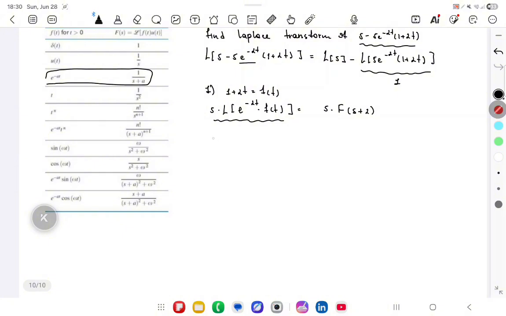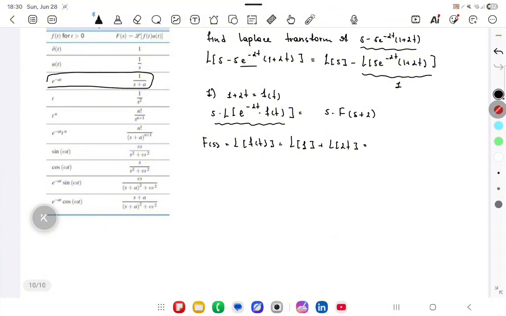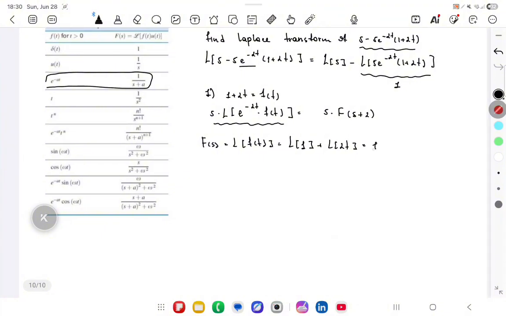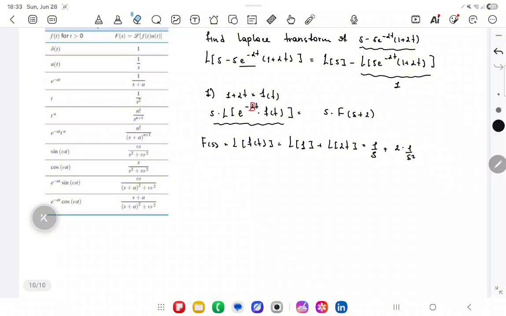So if we were to take the Laplace transform of our initial function, we would get Laplace transform of 1 plus Laplace transform of 2t, which is equal to 1 over s plus 2 multiplied by 1 over s squared.